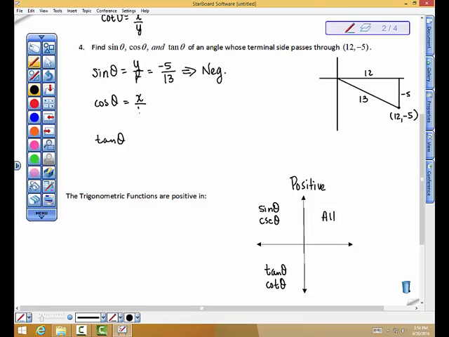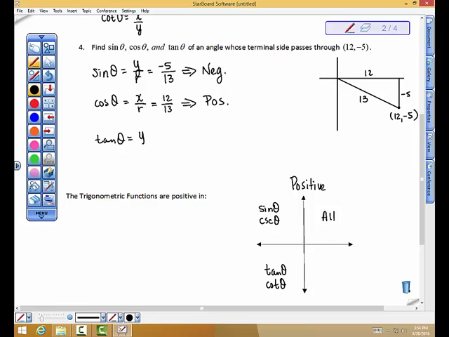Cosine, however, is defined as x over r. And in the fourth quadrant, the value for x, right here, this 12, is a positive number. And the hypotenuse is always positive, remember, by the Pythagorean theorem. So, gosh, we haven't seen cosine show up as positive until now. But it looks like in the fourth quadrant, cosine will be positive.